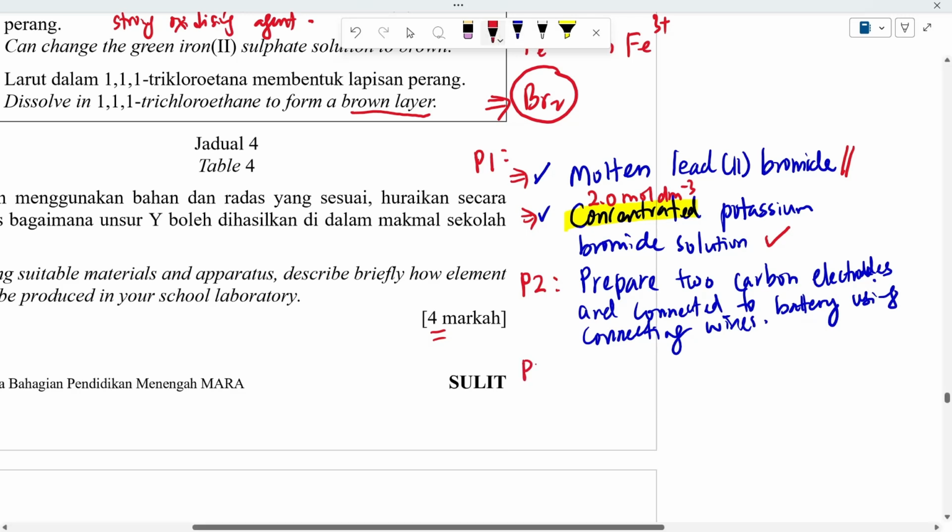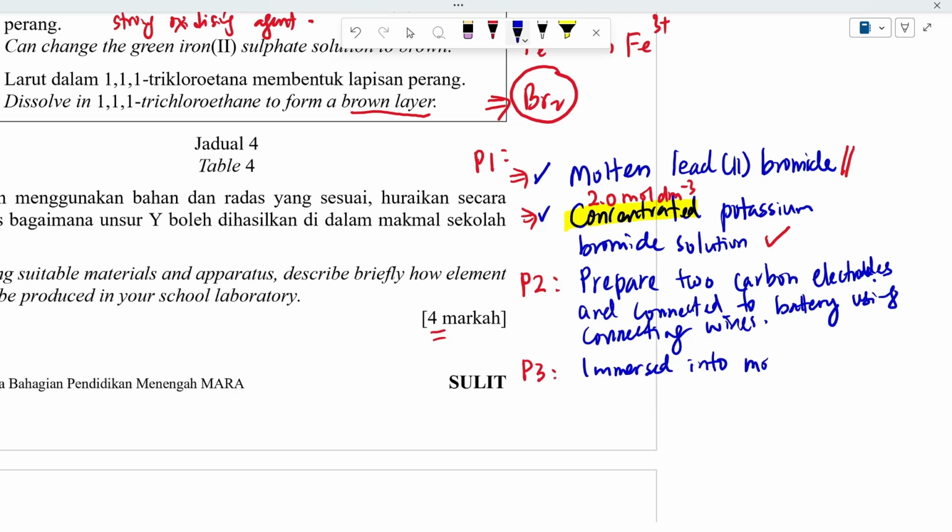Next, after the connection is done, then you can immerse the electrodes into the concentrated potassium bromide solution.